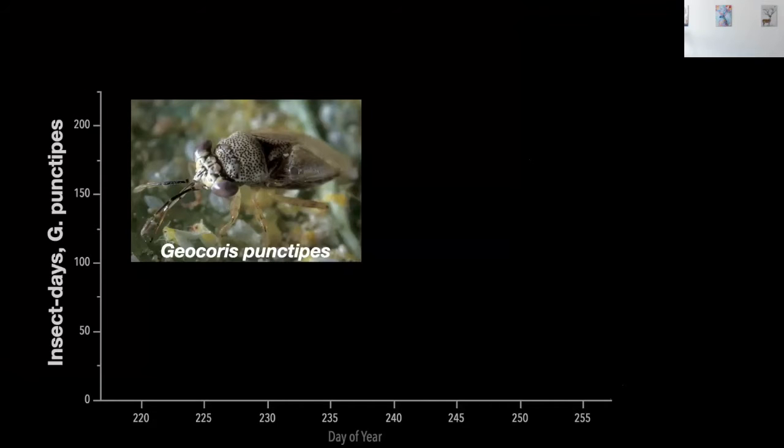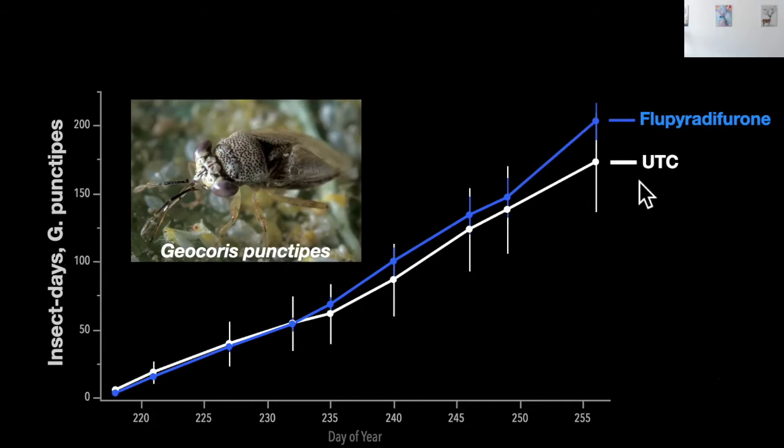Here I have insect days for Geocoris, or big-eyed bug, and you'll be only focusing here on the main effect of insecticide over all plot sizes. So here's Sivanto and the untreated check, and as expected, because Sivanto is fully selective, there was no difference between Sivanto and the check.